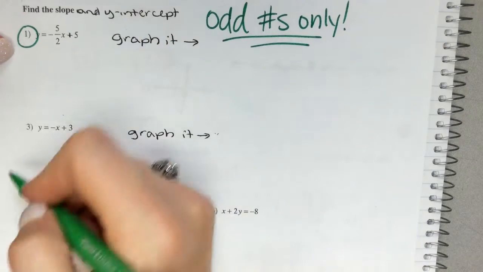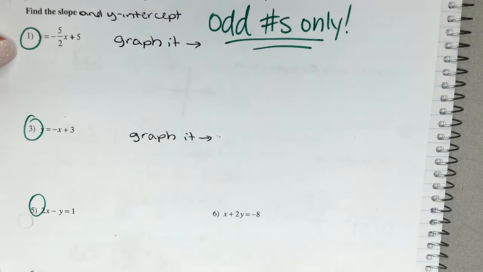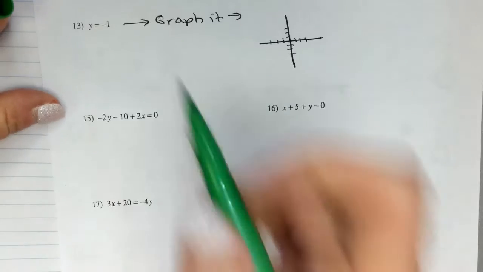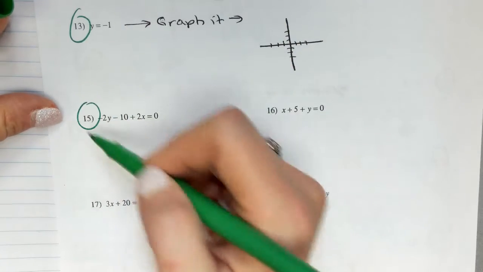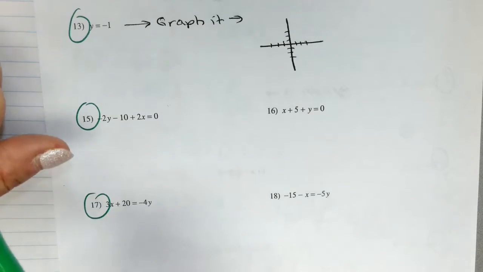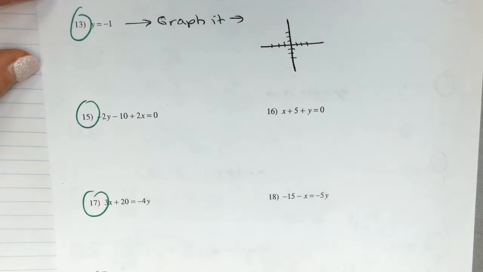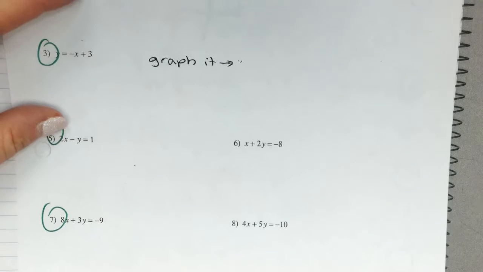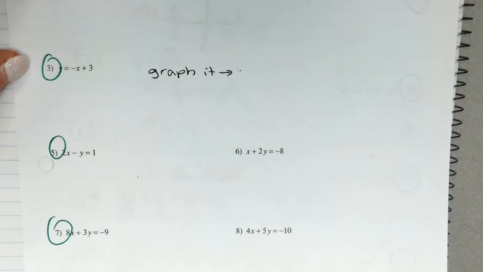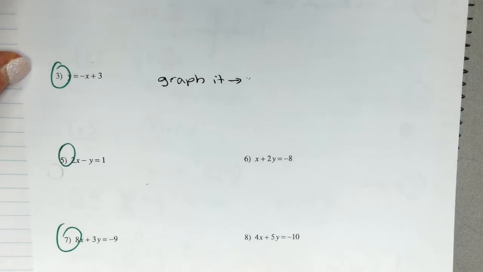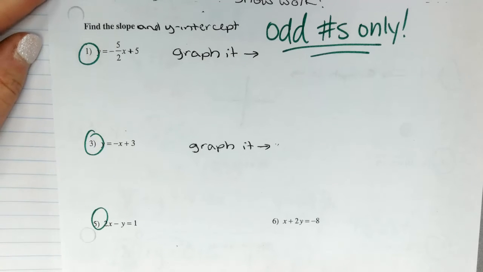So just do 1, 3, 5, 7, 9, and then on the back 11, 13, 15, 17, 19. These won't take you very long because most of them are just getting you to identify the slope and the y-intercept. Okay?